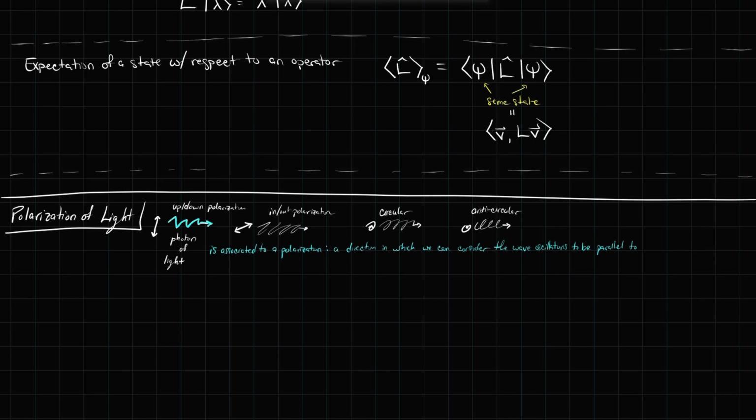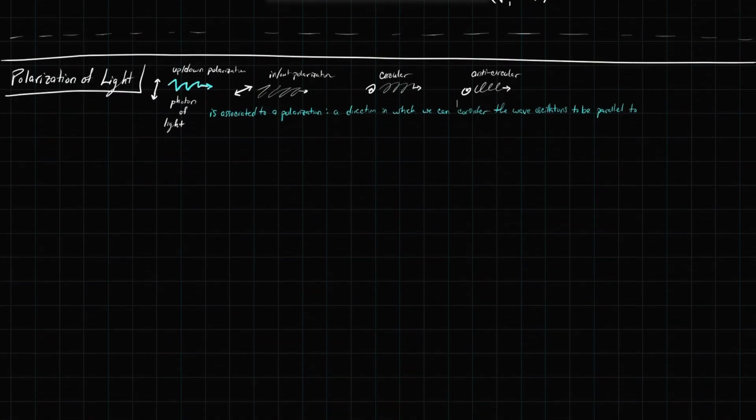Anyway, so you've got these notions of polarization, which are basically directions in which we can consider the wave oscillations to be parallel to. And there's a really interesting phenomenon which occurs when we analyze the polarization of light. So let's just assume we have one photon that has an up-down polarization. We can construct filters in the real world, and these are what exist in your sunglasses. When you say you have a polarizing sunglass, this is called a polarization filter.